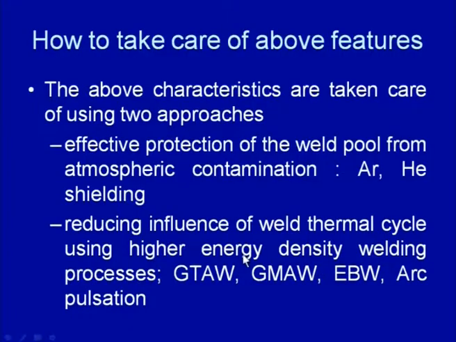Pulse tungsten inert gas welding, pulse GMAW processes and electron beam will help significantly in reducing the amount of heat supplied during welding, and because of this they will reduce the adverse effect of the weld thermal cycle on the properties of the weld region and the heat affected zone.